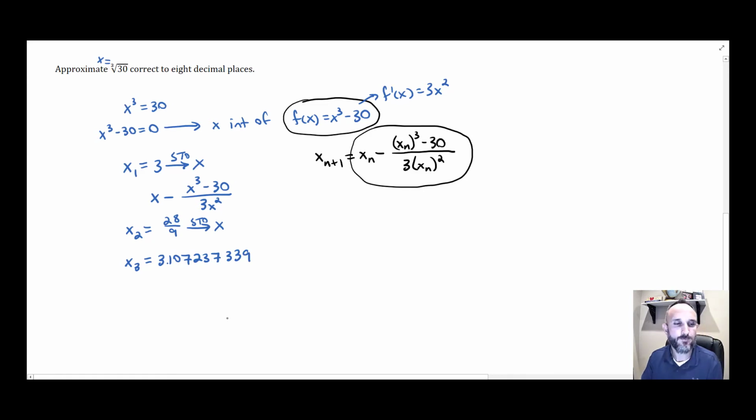Then you're going to store that for x, because that's your new x value. Then you're going to use your up arrow to enter this formula again, and you're going to get your x sub 4, which I have as 3.107,232,506. And remember, we need this correct to 8 decimal places.